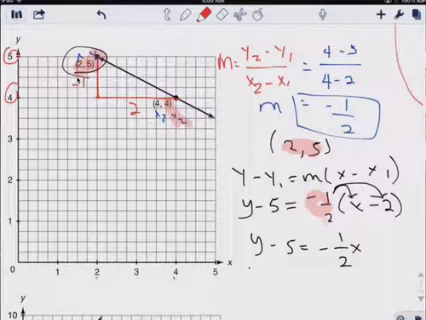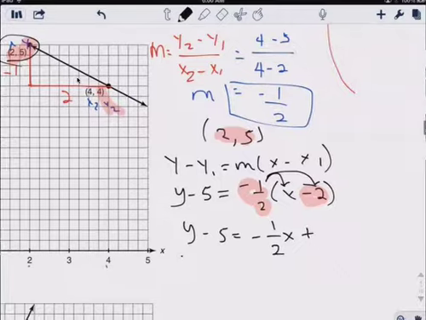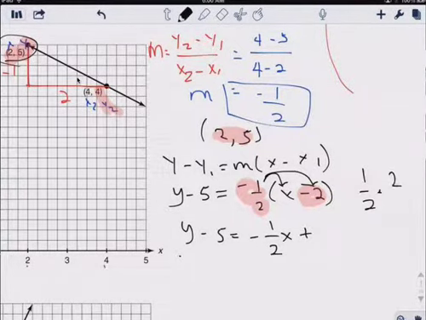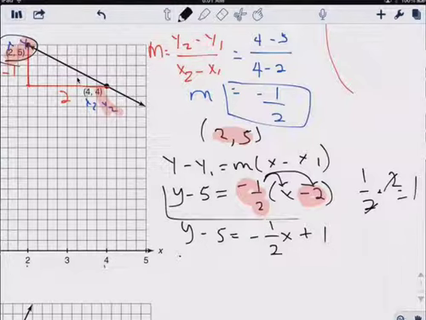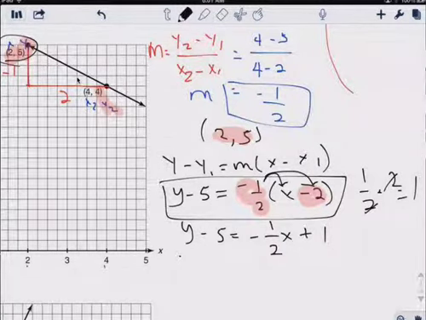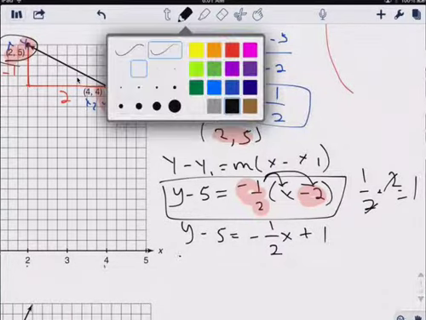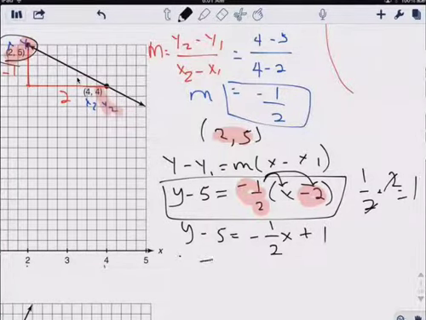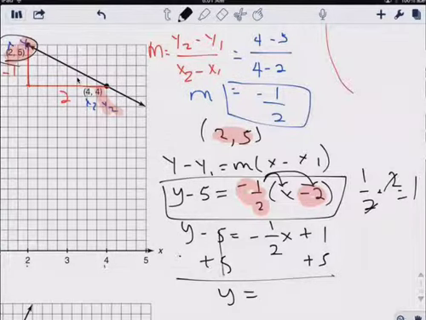These two become a positive, and 1/2 times 2 is a 1. Okay, now this is called point slope. We're going to make it slope-intercept form to find the y-intercept. Plus 5, plus 5. Got y equals negative 1/2 x plus 6.